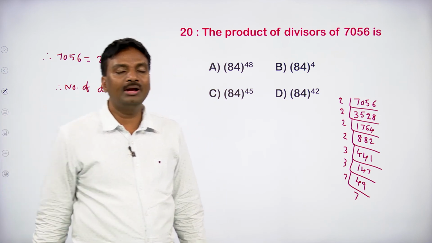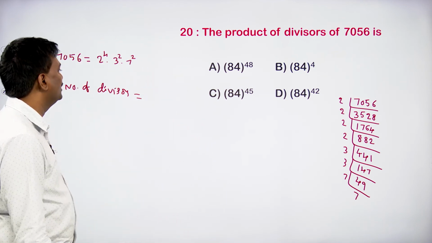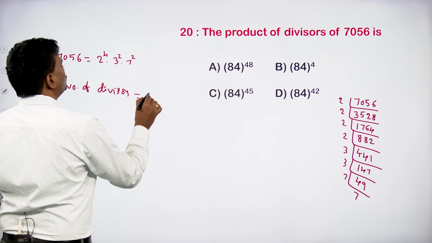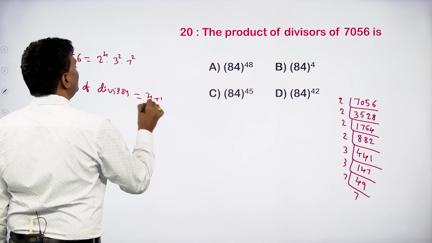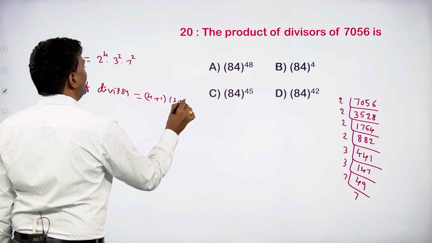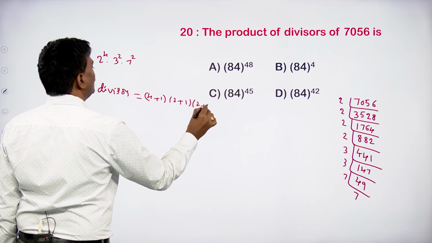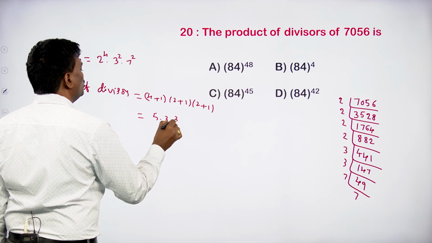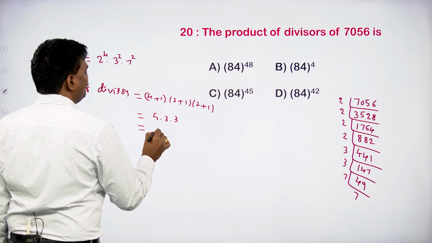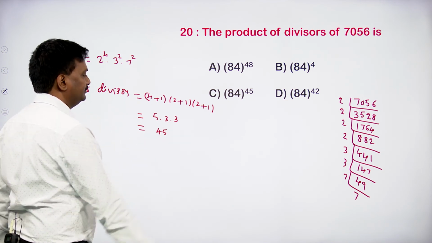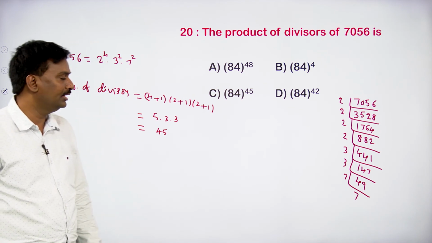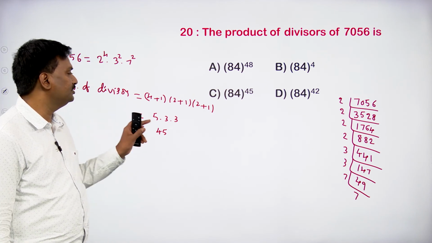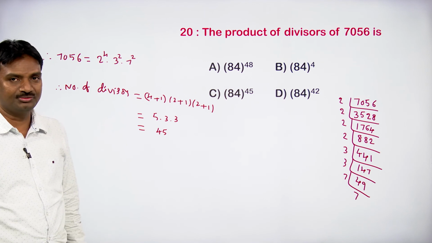By using that formula, you will get the total number of divisors of the given natural number. So we can take 4 plus 1 into 2 plus 1 into 2 plus 1. 4 plus 1 is 5, 2 plus 1 is 3, 2 plus 1 is 3, 5 3s are 15, 15 3s are 45. So this is the total number of divisors.